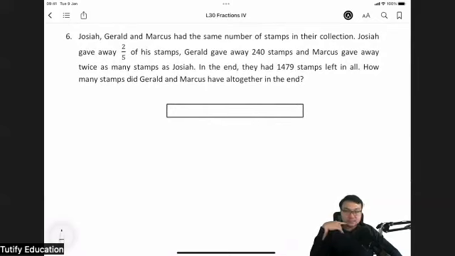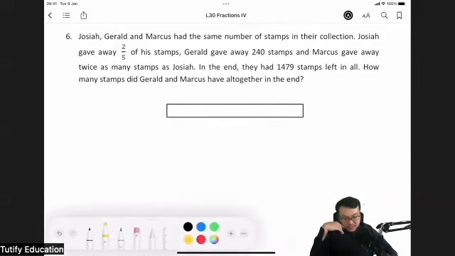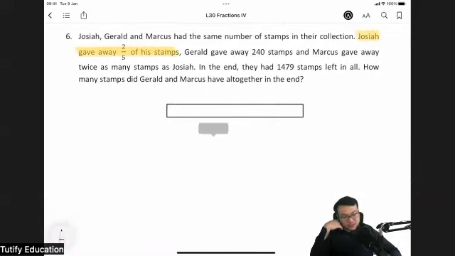So let's look at Josiah. The question says that Josiah gave away 2/5 of his stamps. So how many units should I give Josiah? 5 units. Correct. So let's draw the 5 units. This is Josiah.